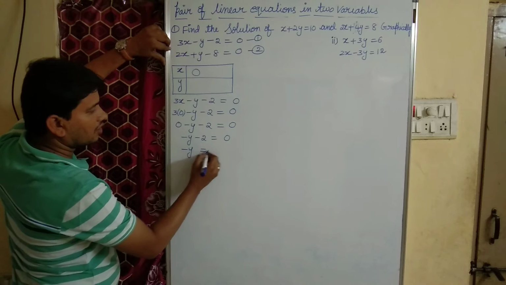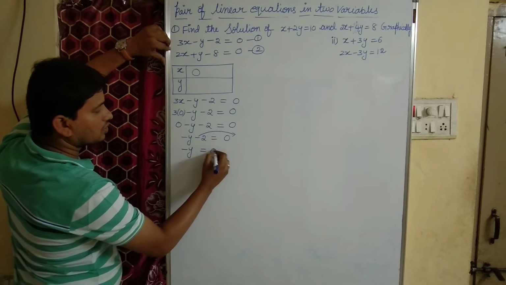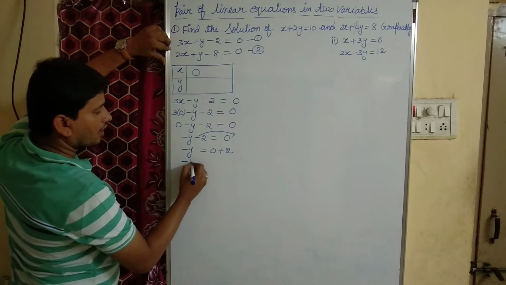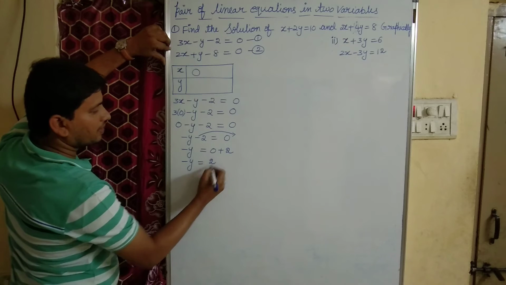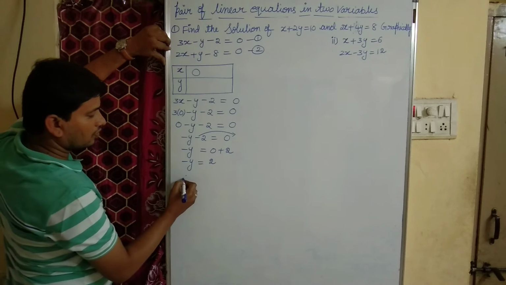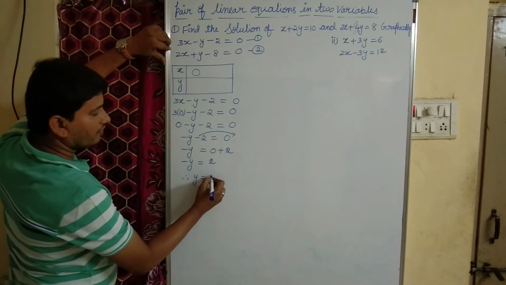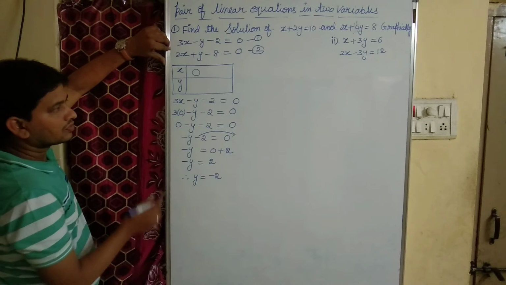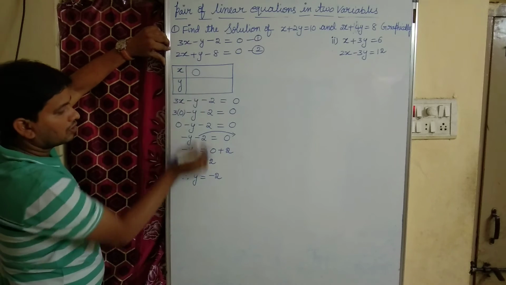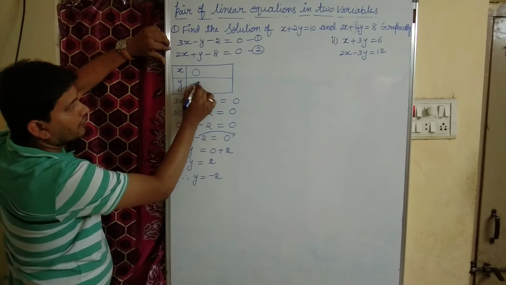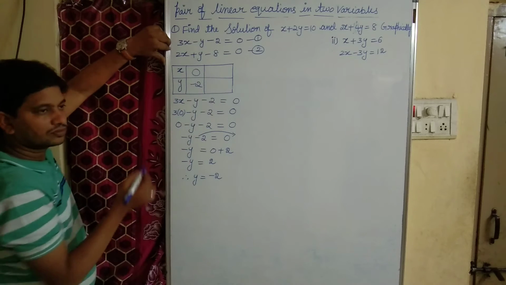Minus y equal to minus 2; if you transpose, 0 plus 2. So minus y equal to 0 plus 2, that is 2. Therefore, what is the value of y? The y value is minus 2. When x is equal to 0, the value of y is minus 2.